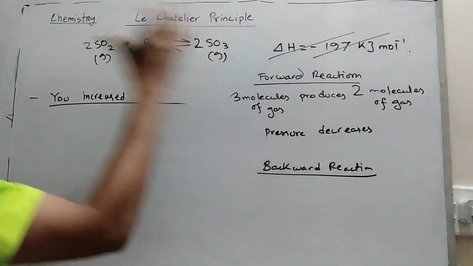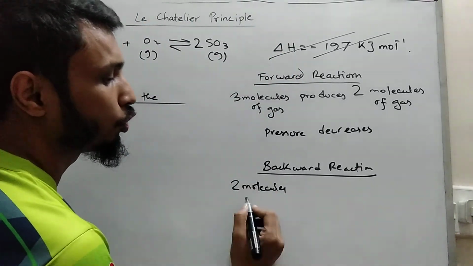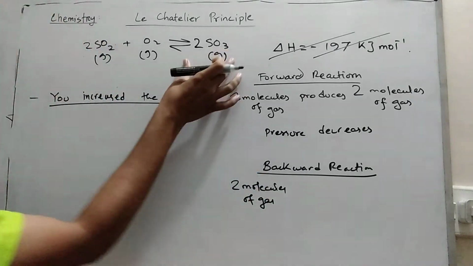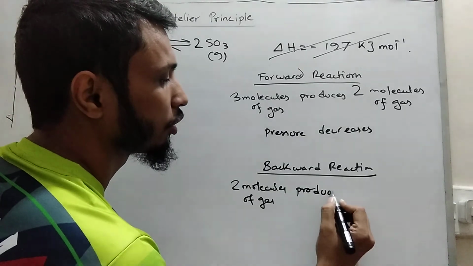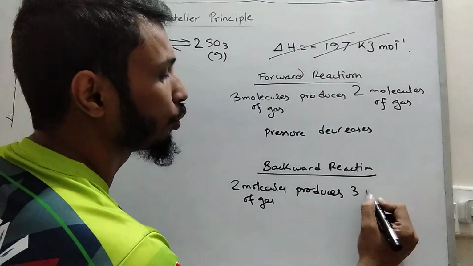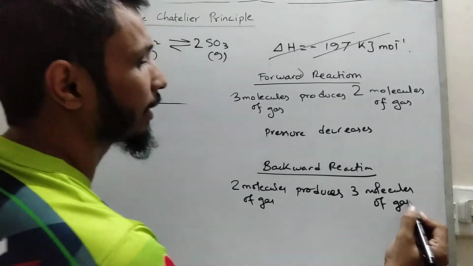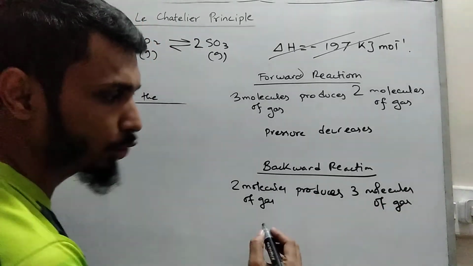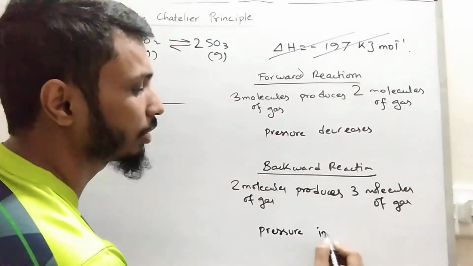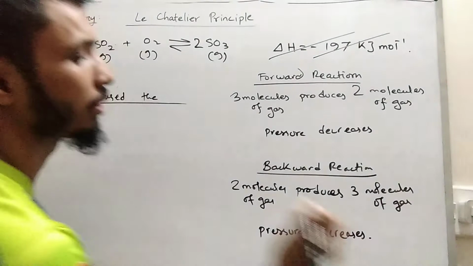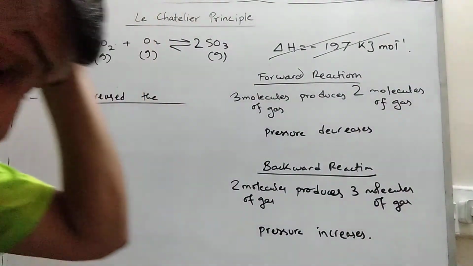For the backward reaction, 2 molecules of gas produce 3 molecules of gas. And this will definitely increase the pressure. So when this happens, the pressure increases.